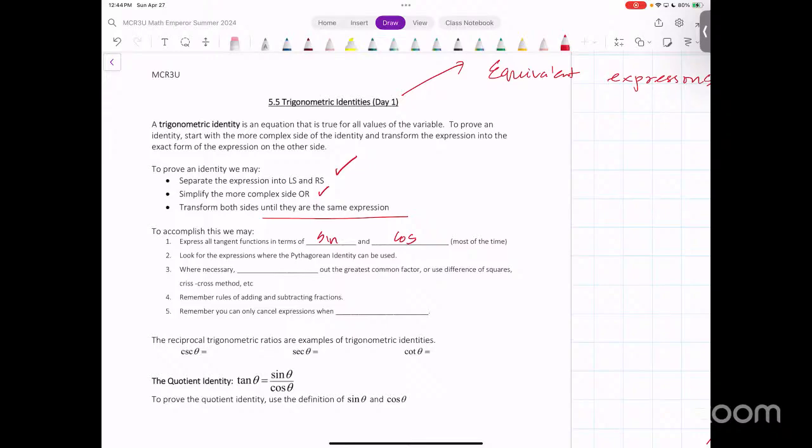Look at the expression where the Pythagorean identity can be used, which is sine squared theta plus cos squared theta is 1, and 1 plus tan squared theta is secant squared theta. Where necessary, factor out the greatest common factor. Remember, you can only cancel expressions when they are exactly the same.